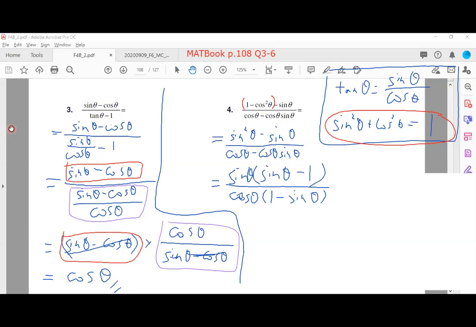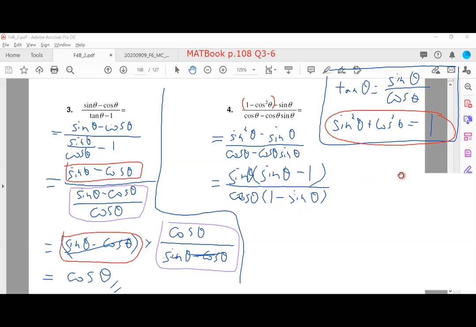It seems that there is no more common factor to be cancelled, but when you see that it is sine theta minus 1 and the lower one is 1 minus sine theta, they are just the opposites of each other, swapped, which means that we can just do one little step to change one of them to be the other.